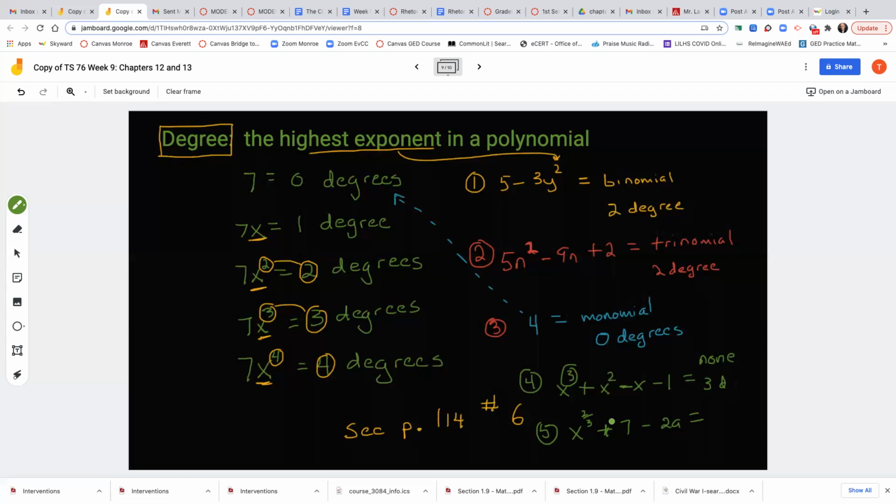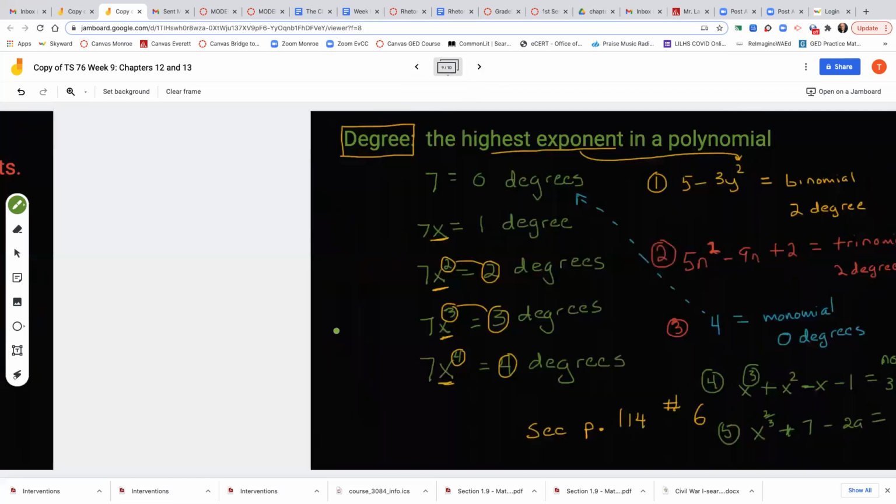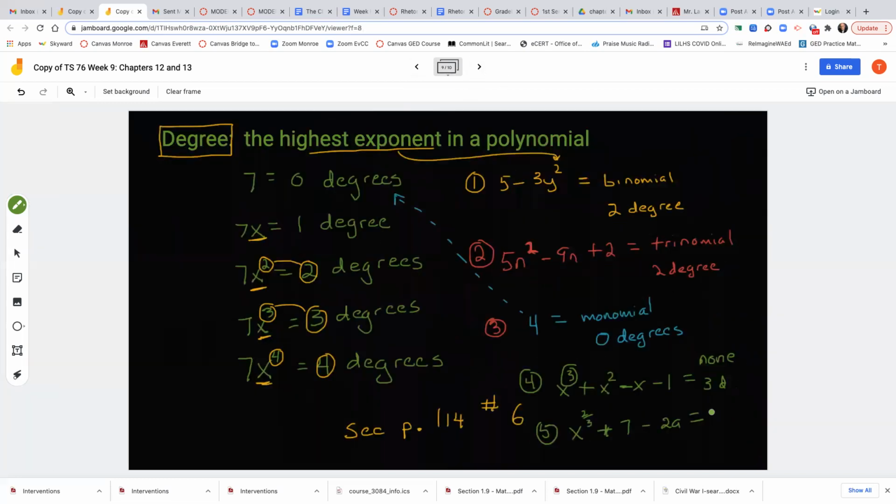By definition, you'd probably look at that and go, you know what? The definition the teacher gave me on the previous slide said that the exponents must be whole numbers. Otherwise, it's not considered a polynomial. I'm going to say it's not a polynomial, because it doesn't have a whole number in its exponent.